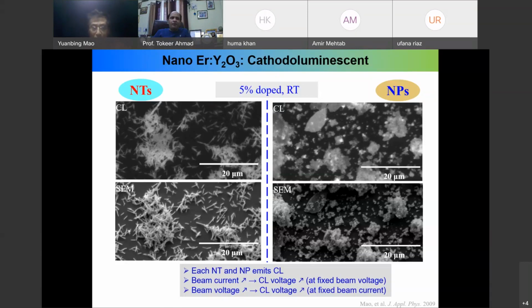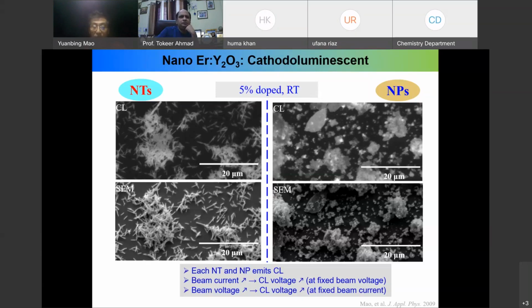And this is very important for field emission displays, right? So that's why we did this study, and we also did some further studies, which I mention here at the bottom. When we increase the beam current, which relates to the electron beam, the cathodoluminescence intensity increases at a fixed beam voltage.